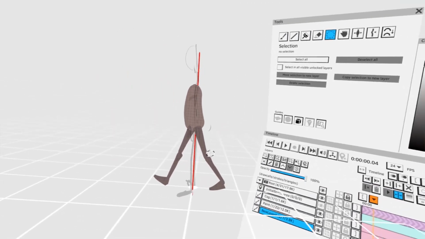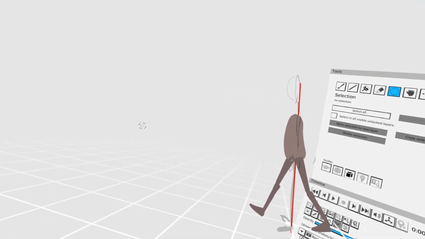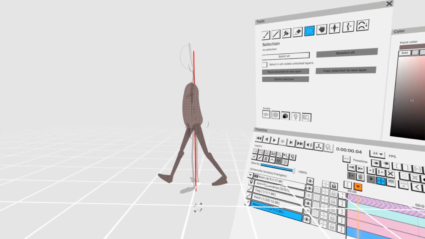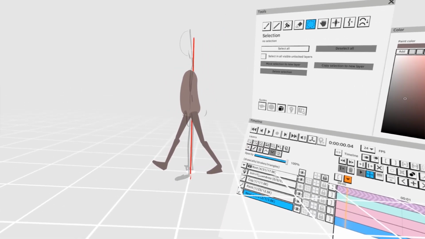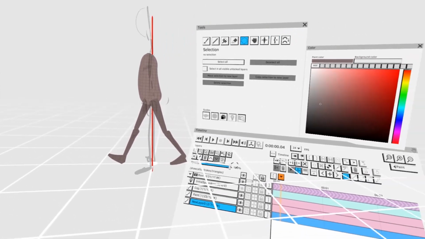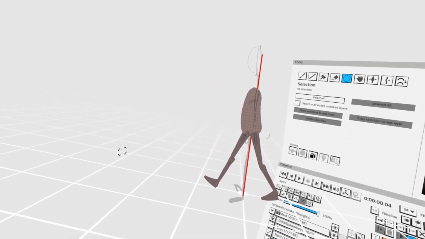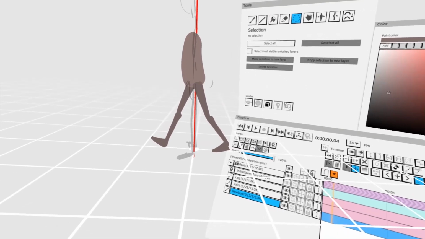Okay, so there's two ways to do this. We could do the character walking forward in space, and he would actually move forward, or we can do the walk cycle on the spot, which is also pretty useful because you can have a very long walk cycle and then use the transform key to actually propel the character forward, and that way you save a lot of geometry.